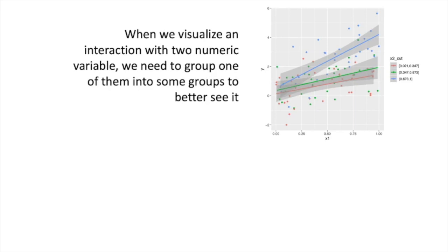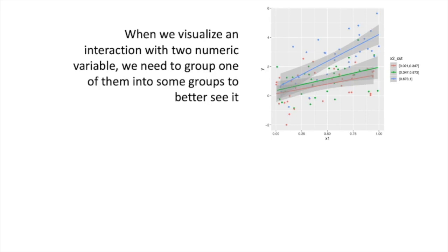So for example, when we visualize an interaction between two numeric variables, we need to group one of them into some groups to better see it. It's hard to see it when we just leave both of them as continuous. So whichever one we're considering as a moderator, we can group those into categories.